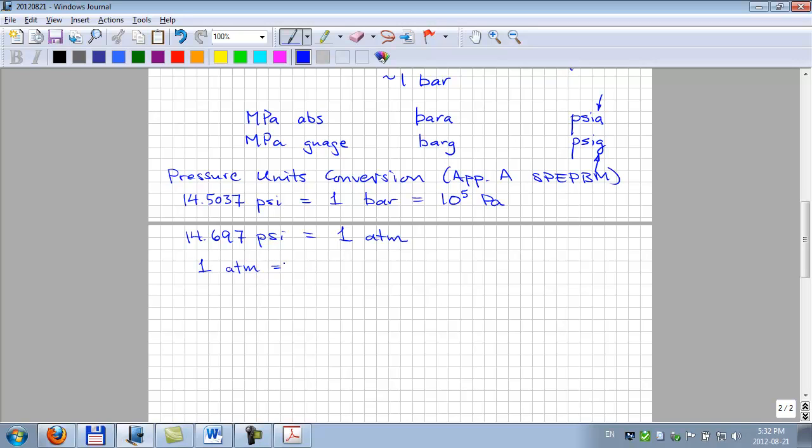Well, if we take the ratio of this, then you get 14.69, I think it's 6 maybe, but I'm not sure, something like that, over 14.5037. That is this, I think, 1.01325, if you check that.